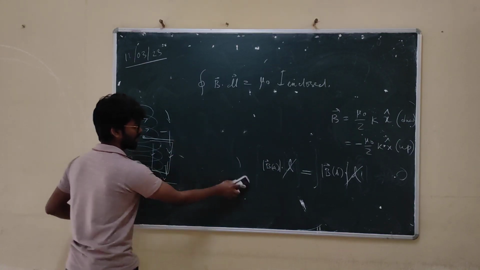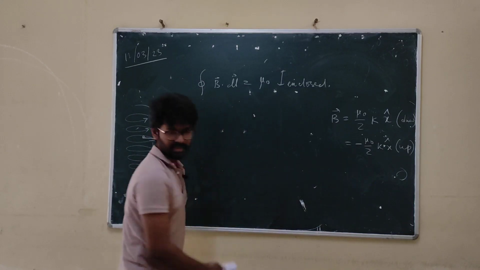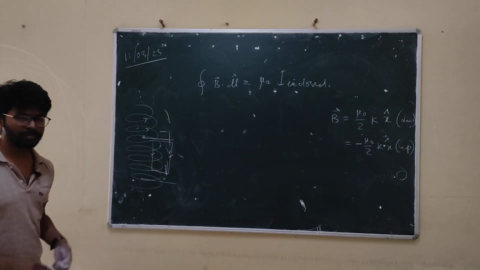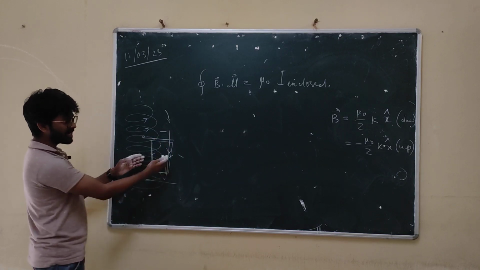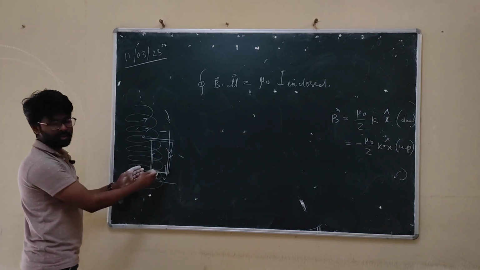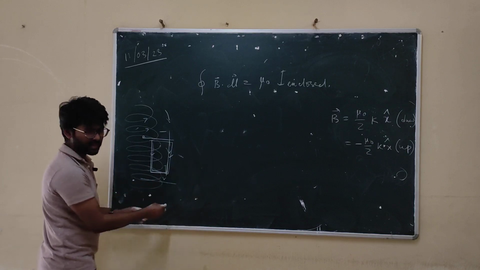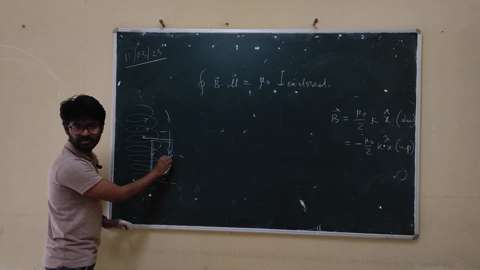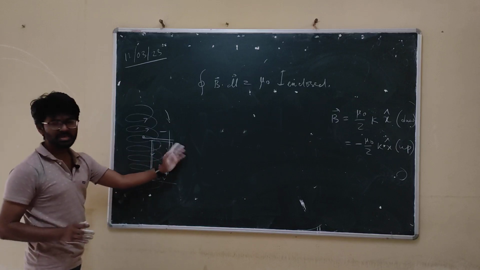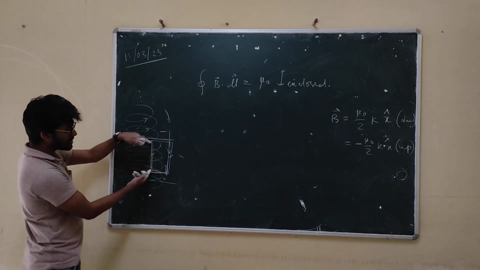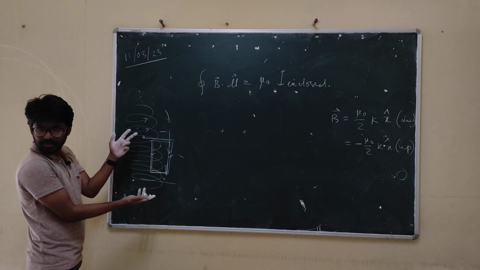Okay? So this will help us in determining this loop. Now we take a loop that has half inside and half outside. We have just proven that outside magnetic field is 0. So this B dot dl here, we don't care, B is 0 anyway. And these two we don't care again, these are perpendicular.